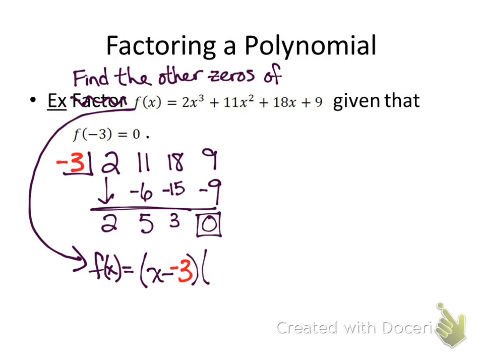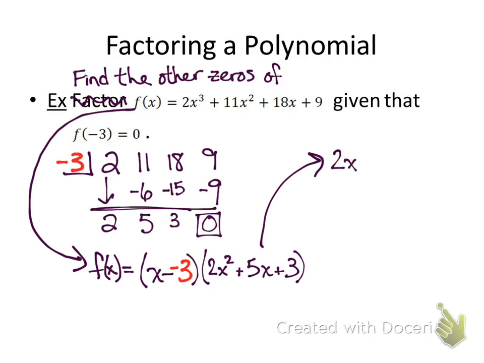And then the rest of it is this, 2x squared plus 5x plus 3 plus no remainder. So I just cut it off there. And I'm going to be able to find the other zeros using old strategies, multiply, add, or quadratic formula, something.